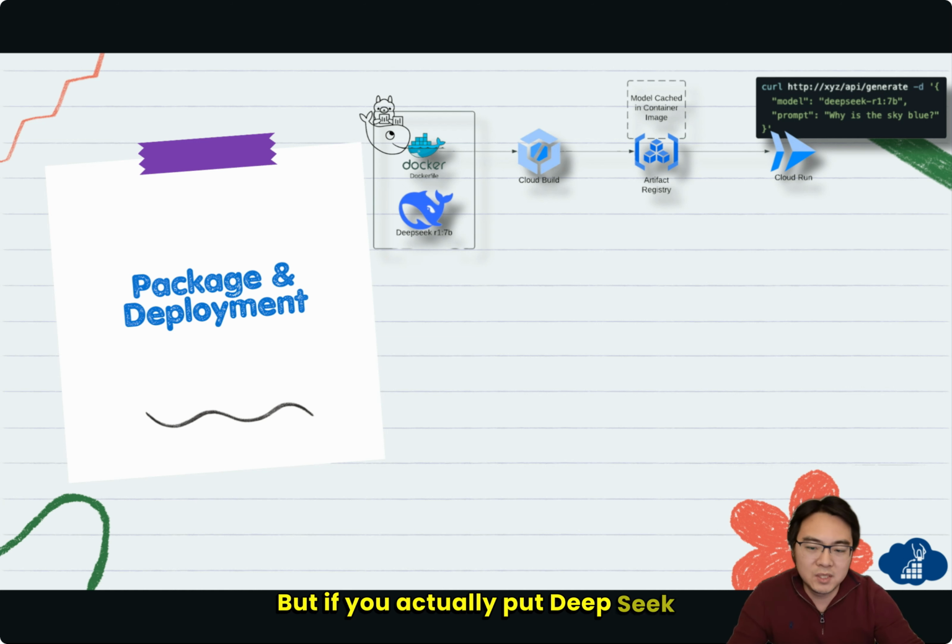But if you actually put DeepSeek in it, it significantly increases the size of the container image. But I prefer this way, and I'm going to explain in a second why. And when you push to Artifact Registry, you can now deploy that to Cloud Run, right?